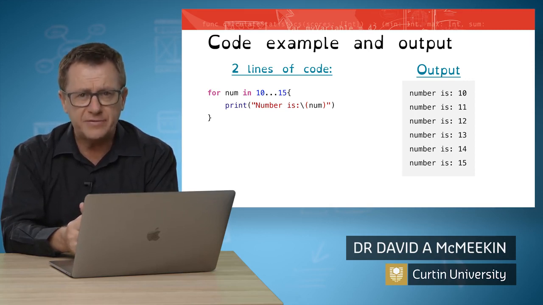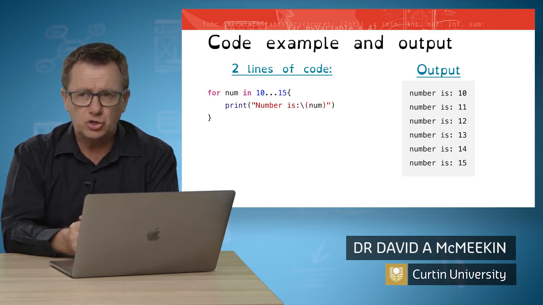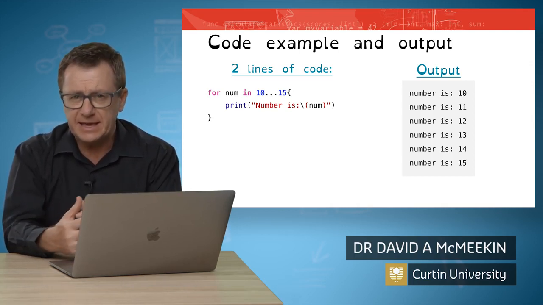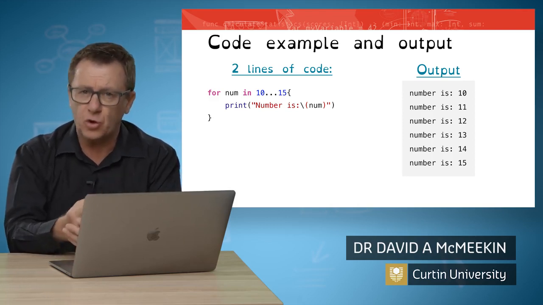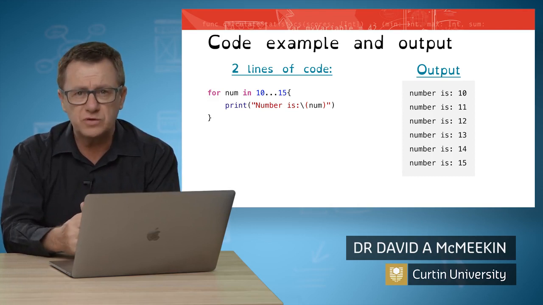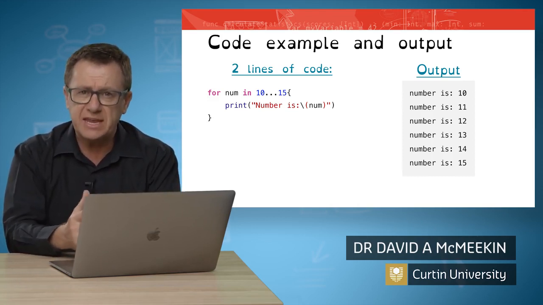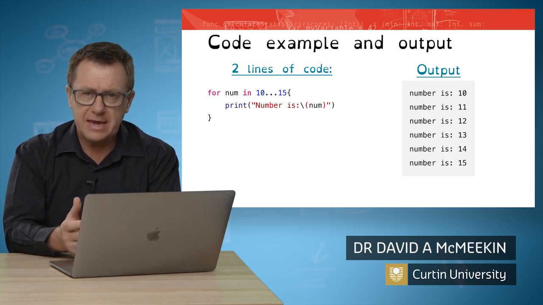So here we have our for-in statement. For num in 10...15. So you should be starting to see a pattern. What we've used in switch statements, a type of construct, we can also use that same construct here in our loops. So for 10 through 15, and we say print number is \(num).